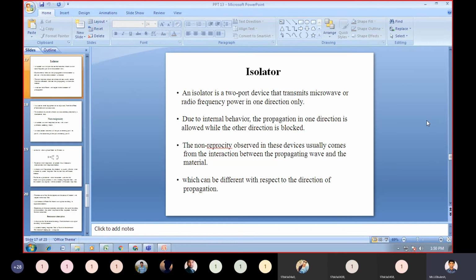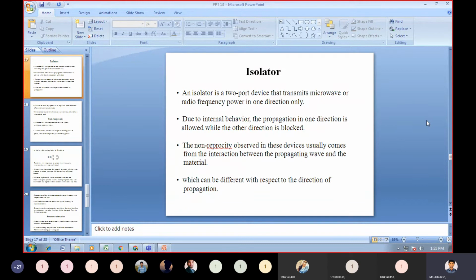Between these two, you are able to observe the non-reciprocity of the devices, which can be different with respect to the direction of the propagation.